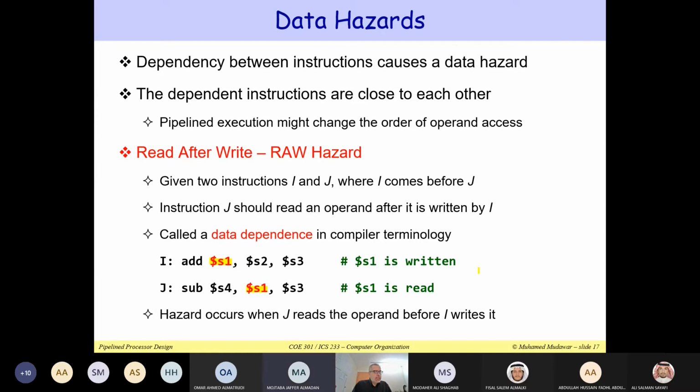The first stage. No, the first stage is the instruction fetch. So we fetch the instruction during the first stage. So when do we read S1? Second stage. Yes, in the second stage, in the decode stage. So after we have fetched the instruction, then we read S1.